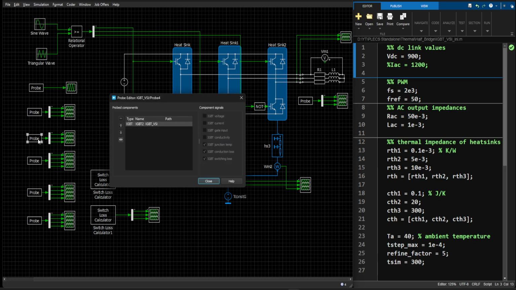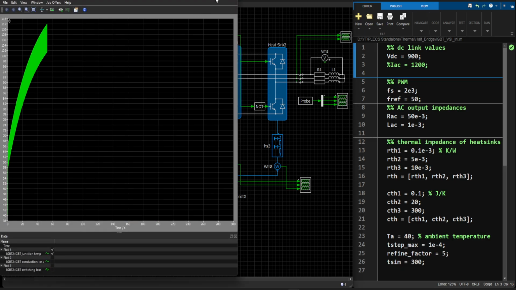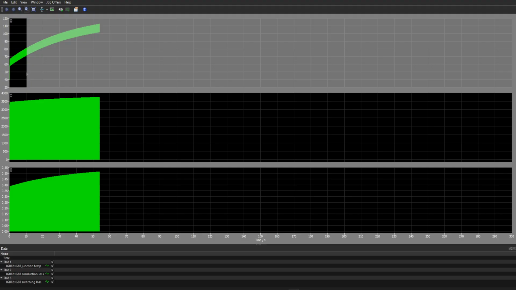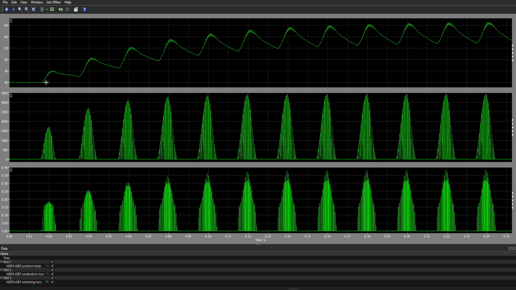What do we have here in the probe? It's for IGBT2: junction temperature, conduction loss, and switching losses. I have taken it from leg 1 IGBT2, that is the bottom IGBT. So we have the junction temperature, switching losses, and conduction losses. At the beginning, the temperature is 40 degrees, the ambient one, as we mentioned.